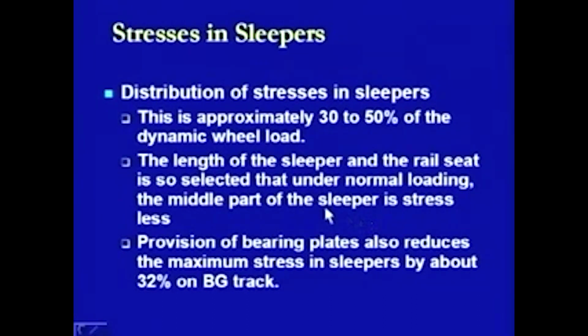So, if we are taking the distribution of the load, what we have to take is that there is no overlapping of the load within the sleeper, and the overlapping can be there in the ballast section. The provision of bearing plates also reduces the maximum stress in sleepers by about 32% on broad gauge track.